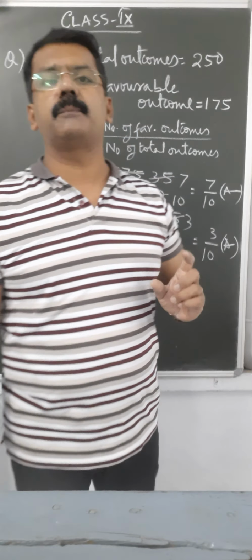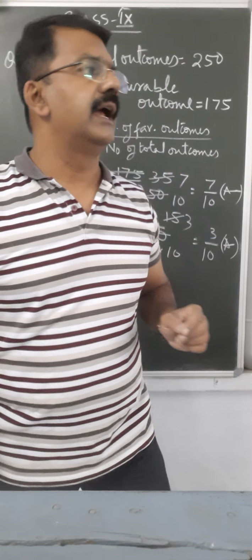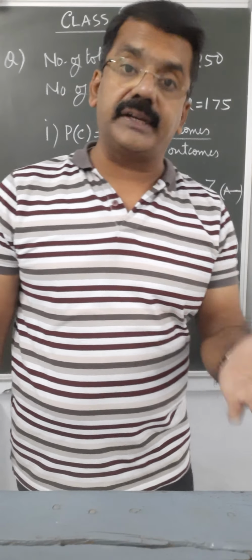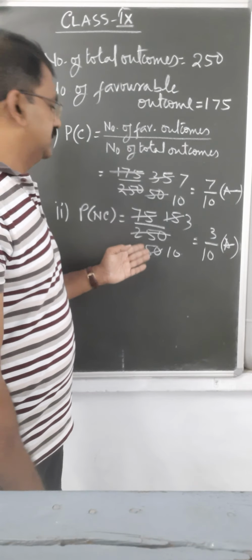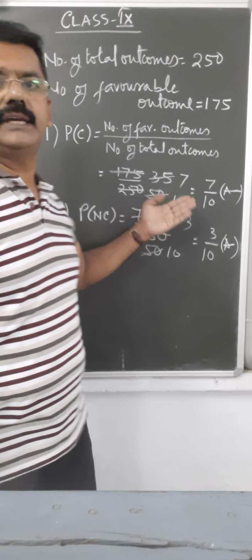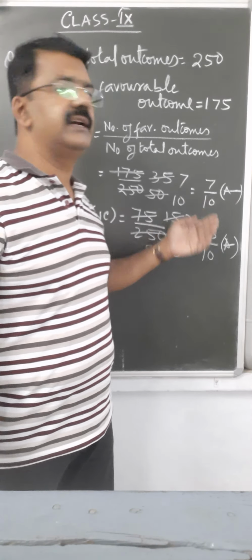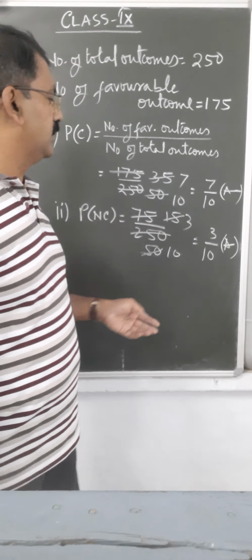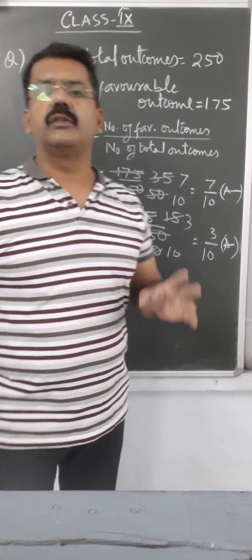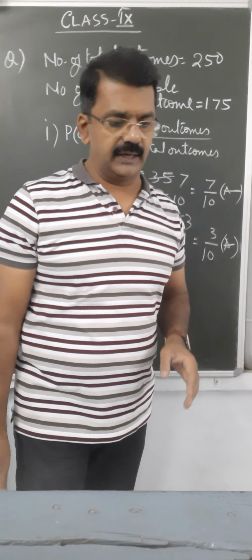Here the probability of happening is 7 upon 10 and the probability of not happening is 3 upon 10. Clear? Now we will do the next question.